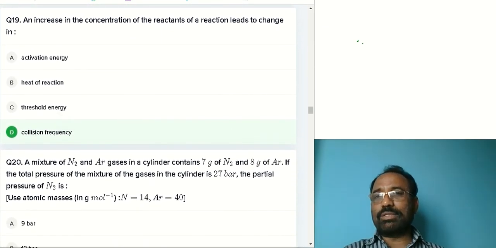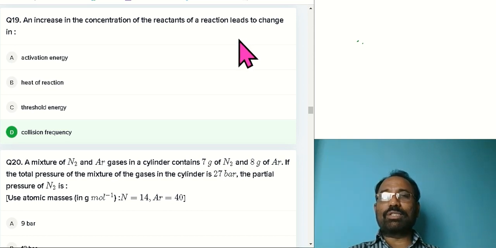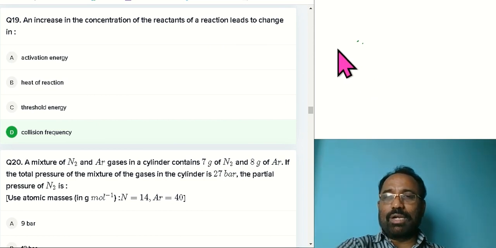An increase in the concentration of reactants leads to a change in. If the concentration increases, the number of molecules per unit volume increases. Therefore, the number of collisions per second increases, meaning the collision frequency increases. Therefore, the right answer is D. It is a simple question from 12th class kinetics.